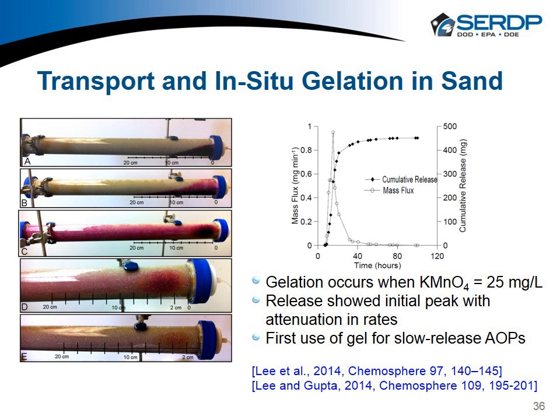These results were published in two Chemosphere papers, and we're continuing this gelation test in sand using different colloidal silica materials with different concentrations, and also trying to do this in 3D using a flow tank as well. Okay, thank you.